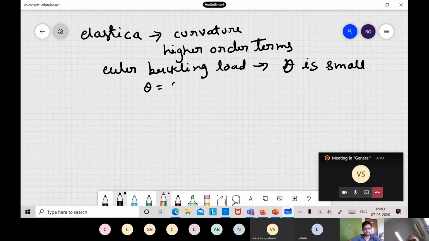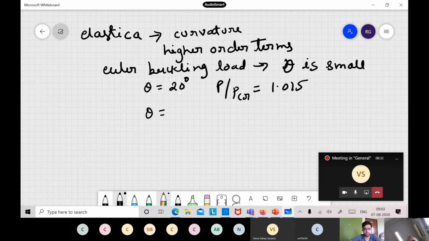When theta was 20 degrees, P by PCR is more or less 1.015, so you can use Euler's formula. But when theta is equal to 60 degrees, with very large rotations, P by PCR becomes 1.152. So the buckling load increases and Euler's formula may not be fine.